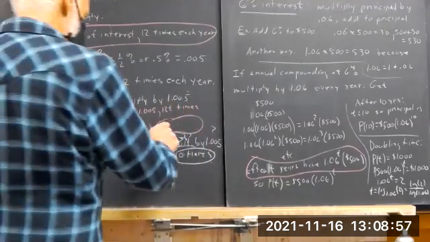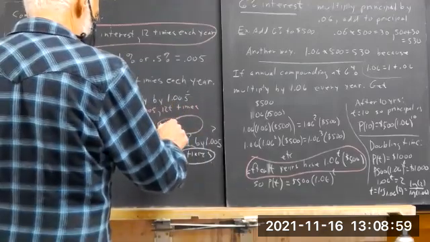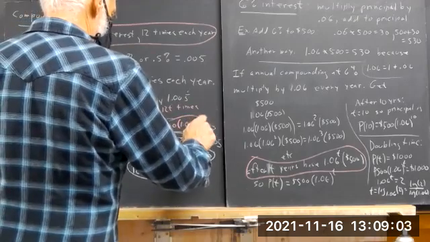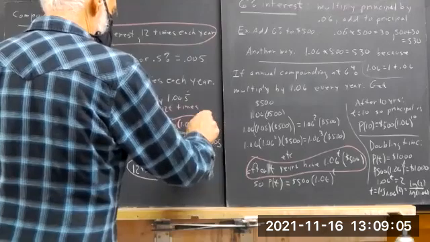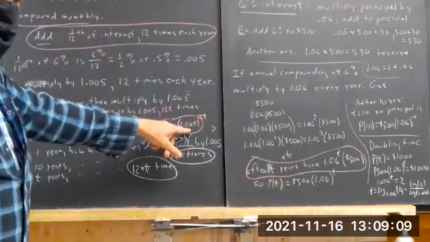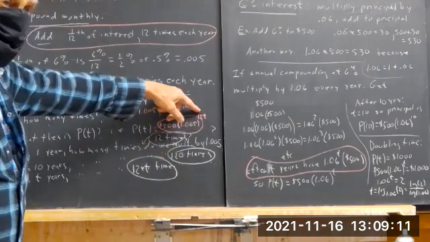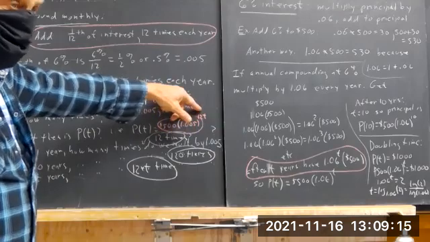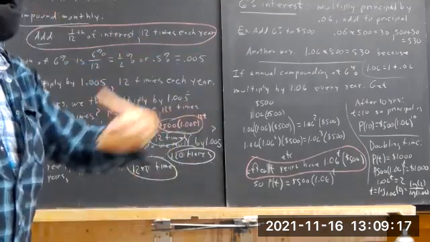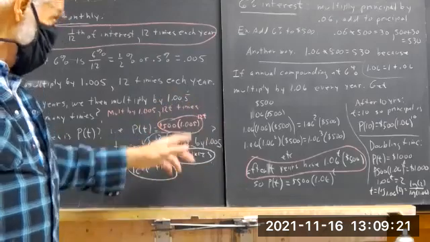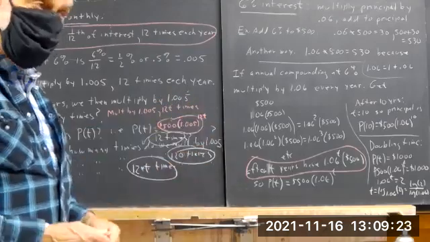We get the principal multiplied by 1.005 to the 12t. Every time we multiply by 1.005, that's another multiplication by 1.005. You do that 12t times, you get 1.005 to the 12t.